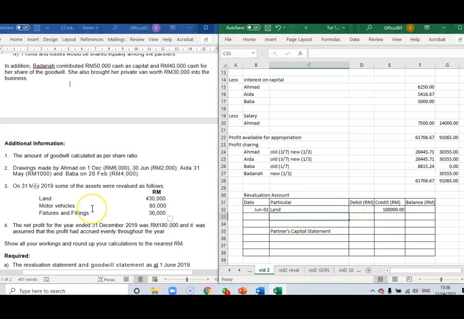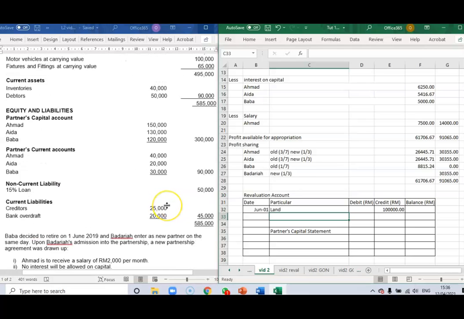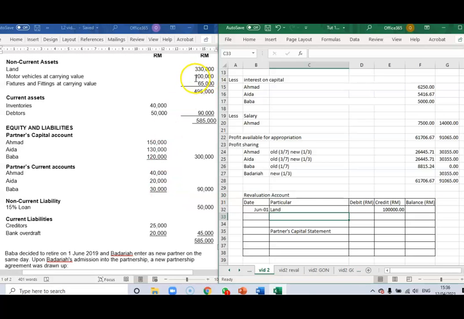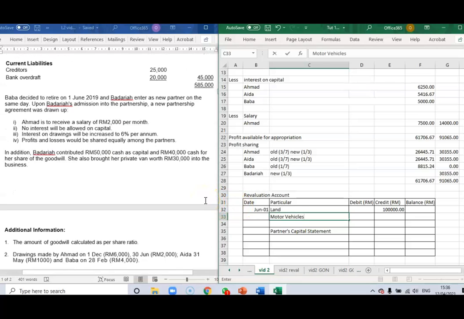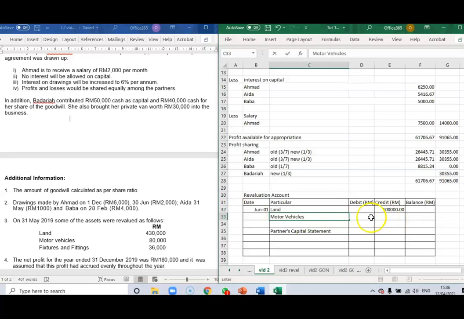The next one is motor vehicles. The new value is 80,000, and the carrying value is 100,000. So your motor vehicles have been reduced by 20,000, so 20,000 here on the debit side, because it's going to decrease.